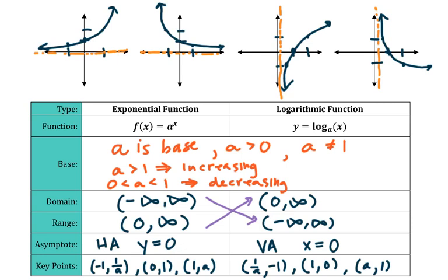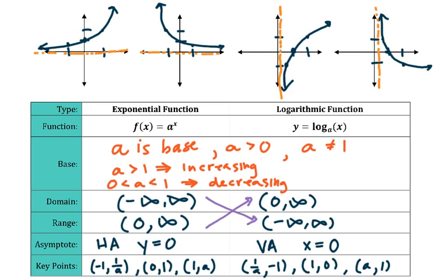And the parent functions vary depending on what value you have for the base. Log base 5 of x would look very similar to log base 2 of x, but they're still a little bit different. So that a value can change these points. And then, of course, we can apply transformations. We can shift left, right, up, down.